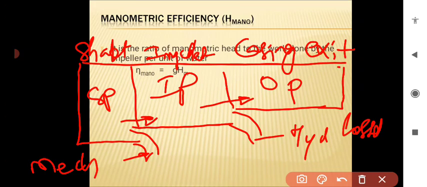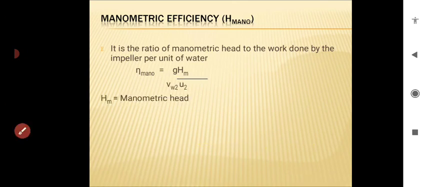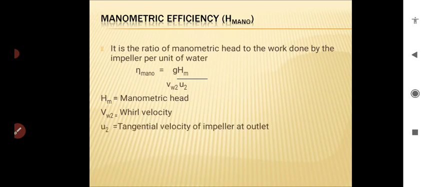Mathematically, manometric efficiency is equal to the manometric head divided by the work done by impeller per unit weight of water. So manometric efficiency equals g HM by VW2 U2, where HM is the manometric head, VW2 is the whirl velocity, and U2 is the tangential velocity of impeller at outlet.